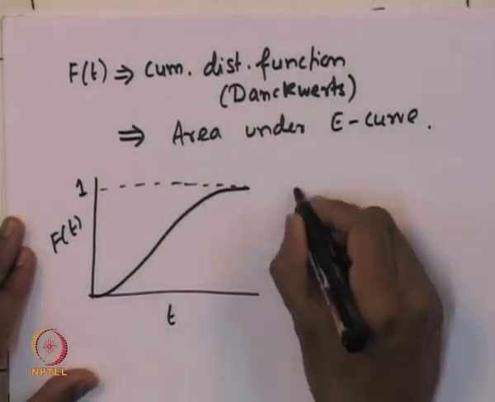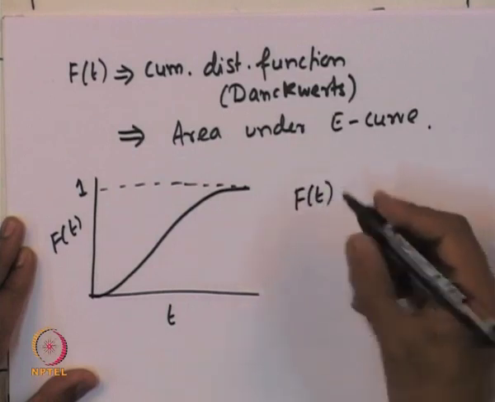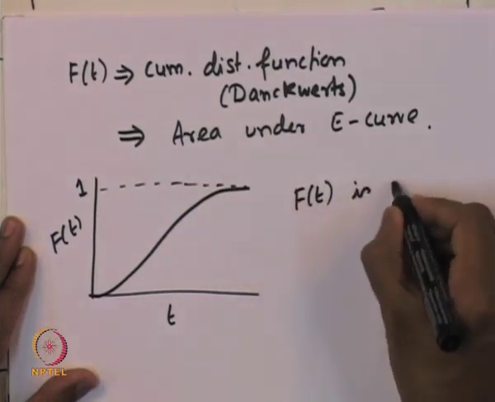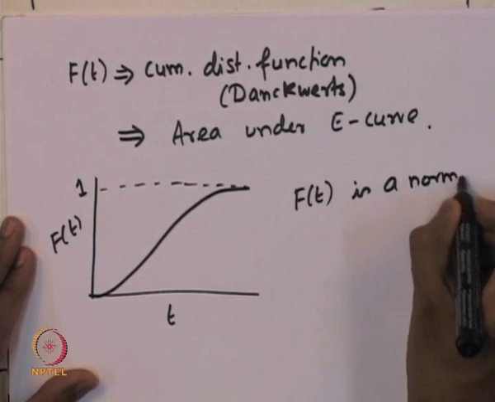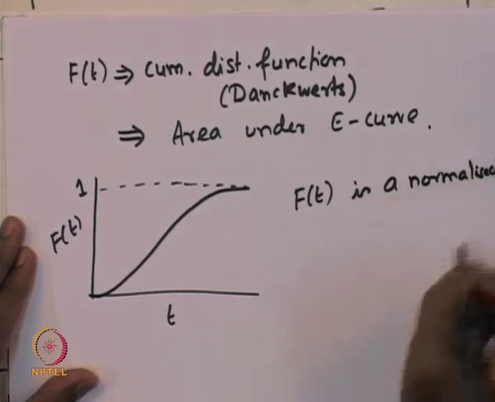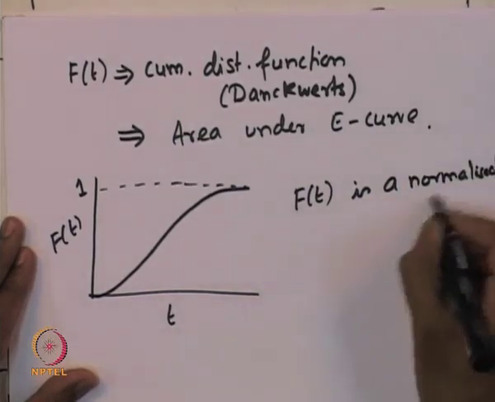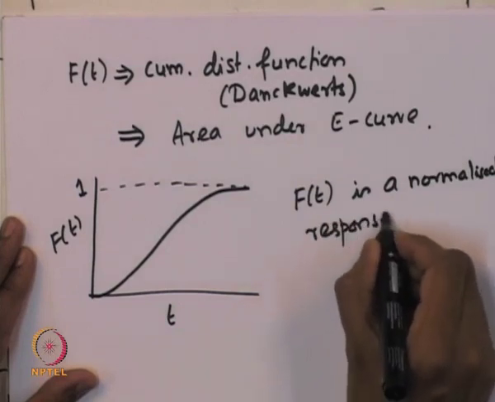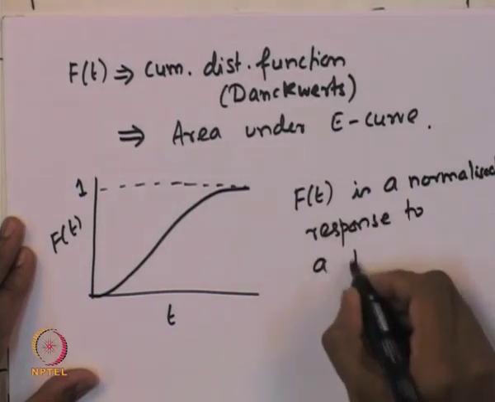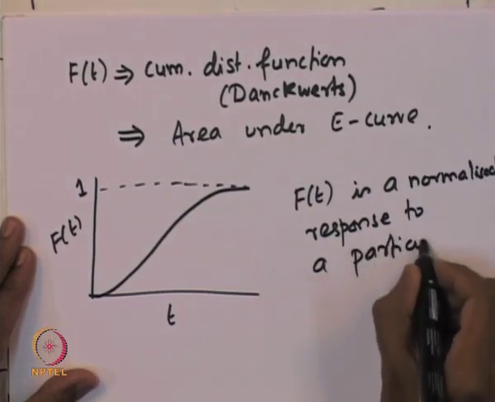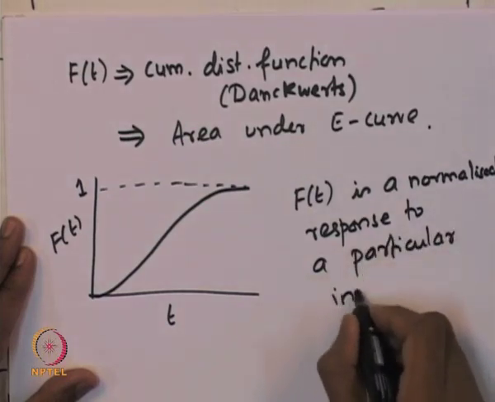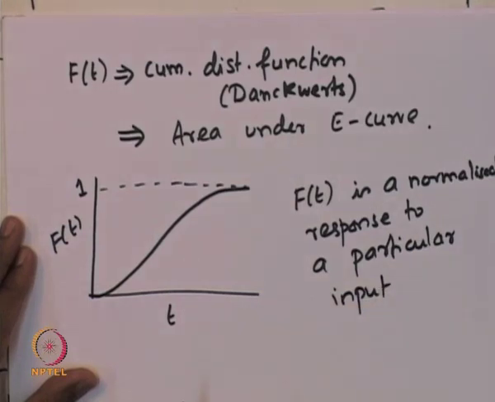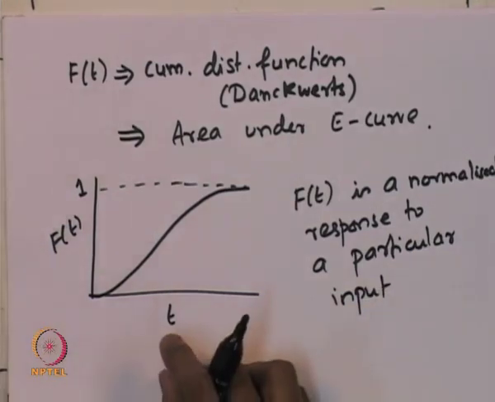So, F(t) is a normalized response to a particular input that is fed into the reactor.